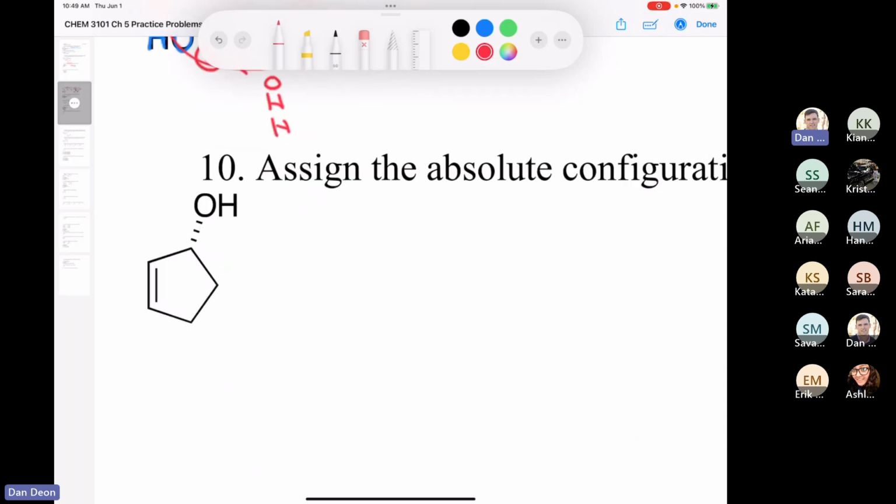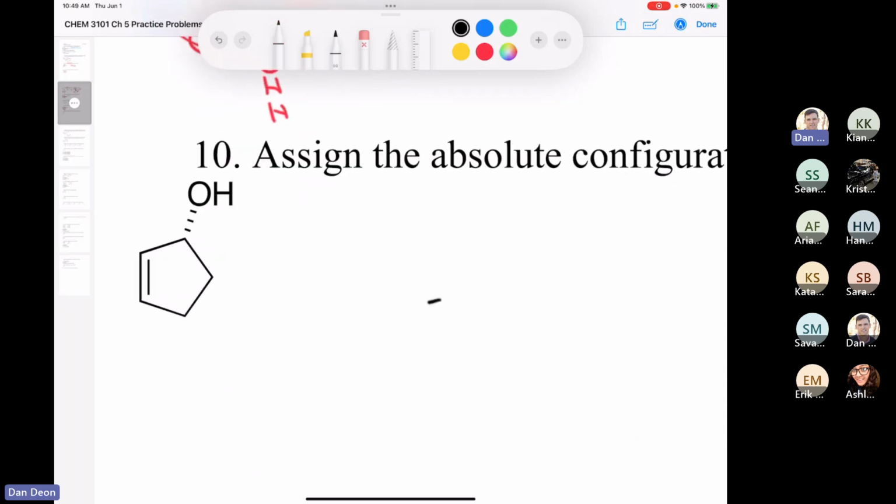Same kind of question here. I'm going to redraw this compound. So if I redraw it like this, we actually did one like this earlier today. It's almost identical. If we put in the proton, the oxygen is going to be 1, and the hydrogen is going to be number 4.